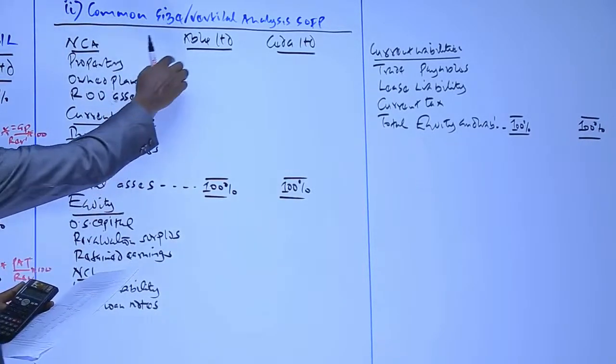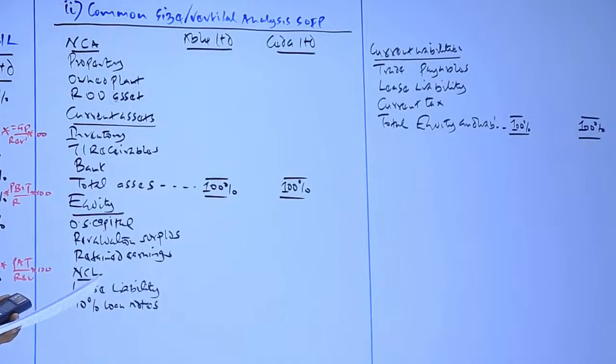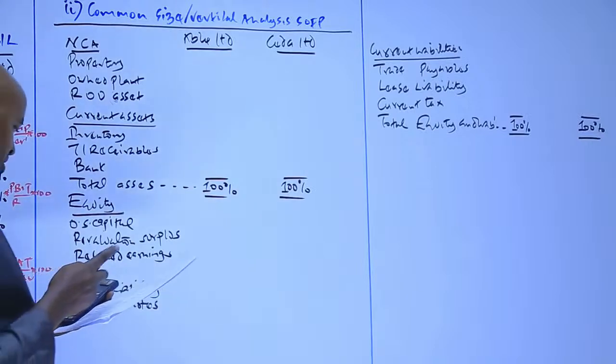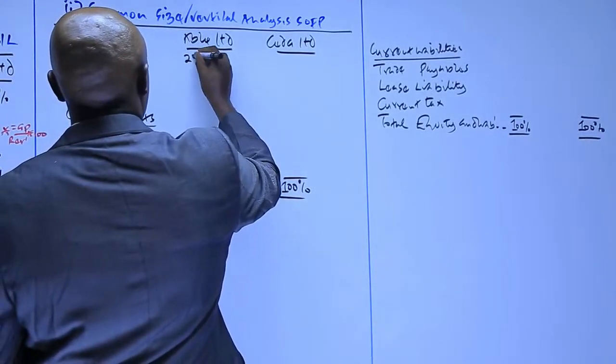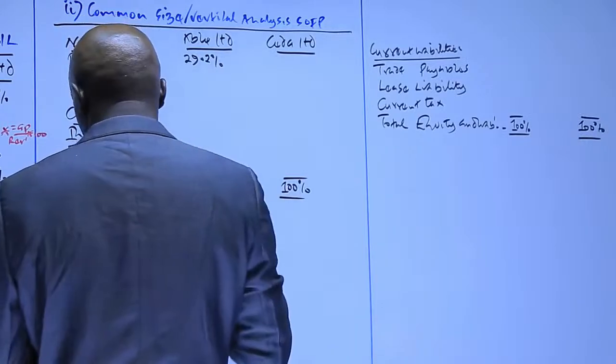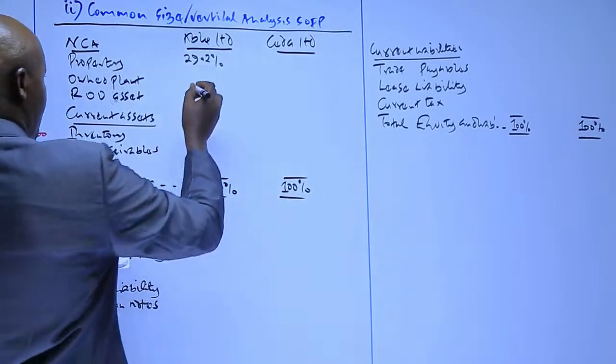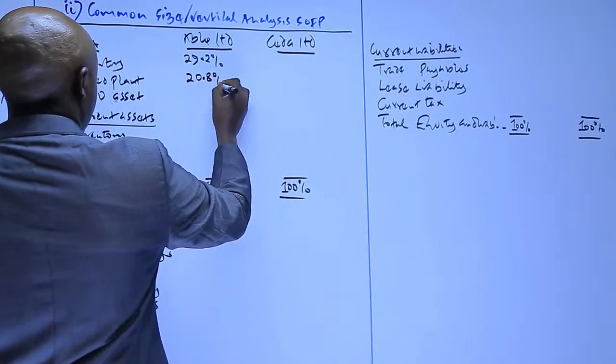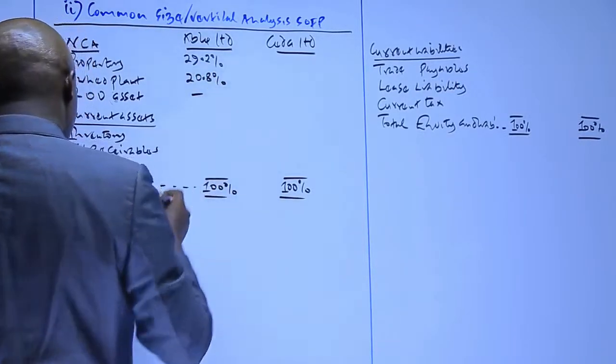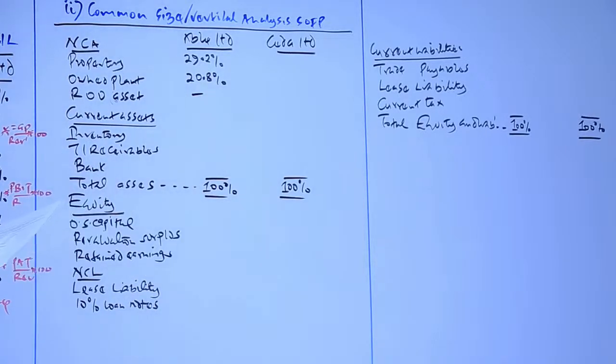So let's start with the property, and we start by doing that for the first company, which is Able. We have 9,800 divided by the total asset, 33,600, times 100, which will give us 29.2%. For the other item we have 7,000 divided by 33,600, which will give us 20.8%. This company was not having any right of use asset.